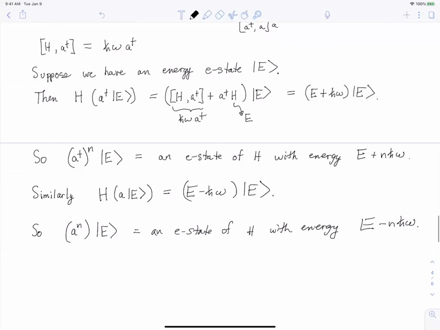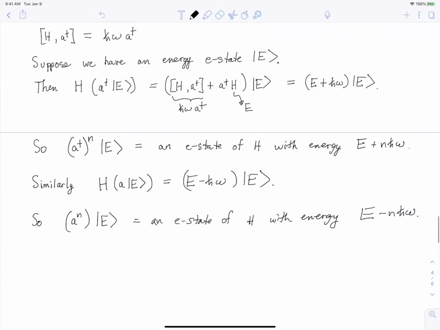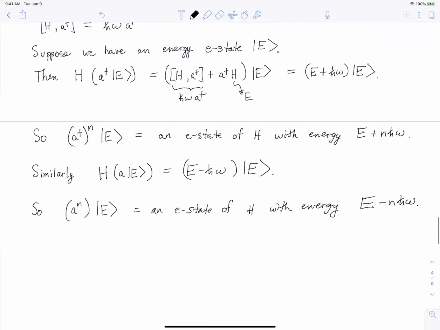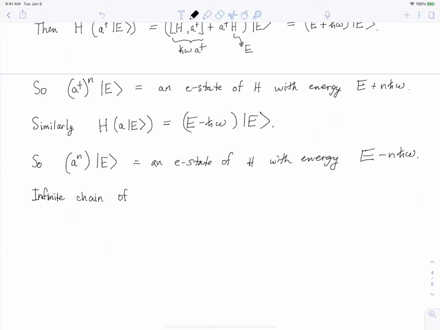And so if we contemplate that, if we start with any state that we think is an energy eigenstate, we can construct an infinite chain of other states that are also energy eigenstates. And they all differ by integer multiples of h bar omega. So the chain of states looks like this. I should say stationary states.